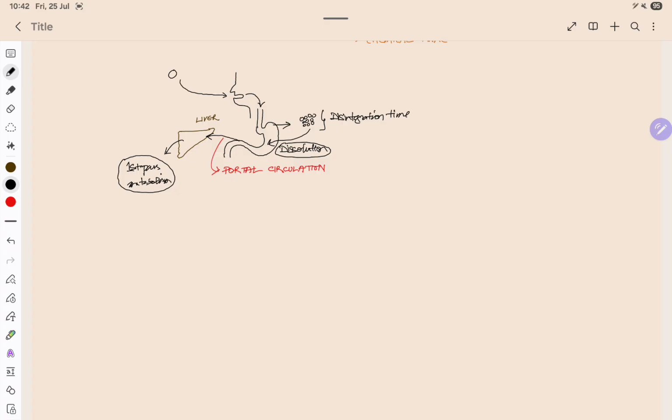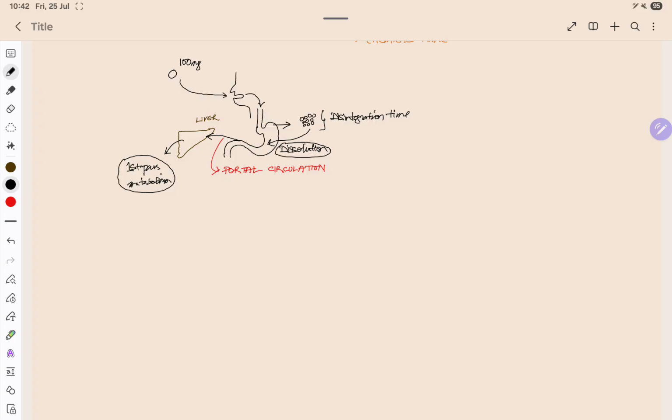Now, where will the first pass metabolism take place? Obviously in the liver. Now while doing so, let's assume that Mr. Tom took 100 milligram of paracetamol.